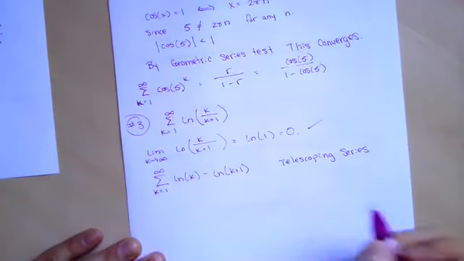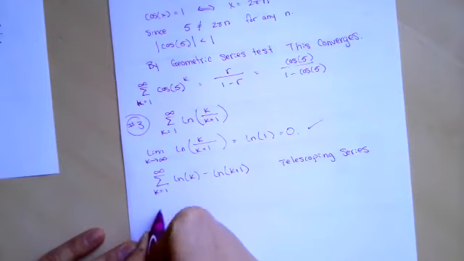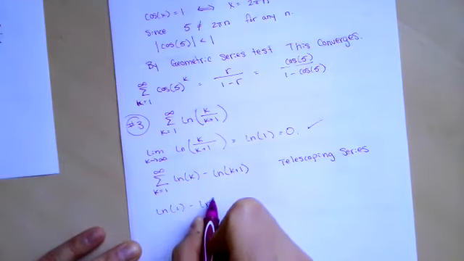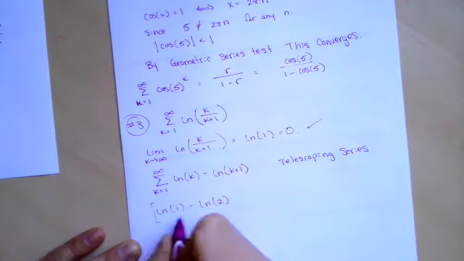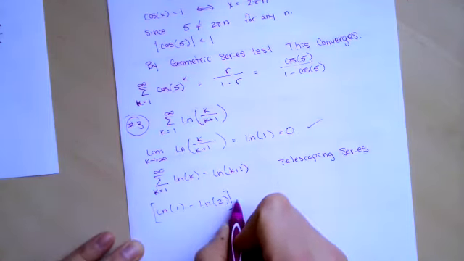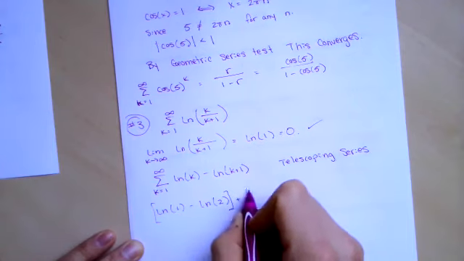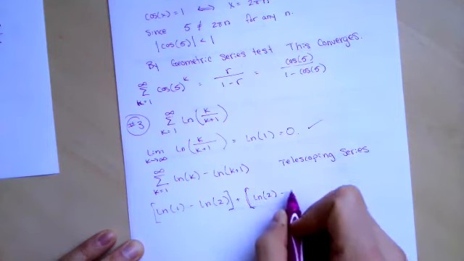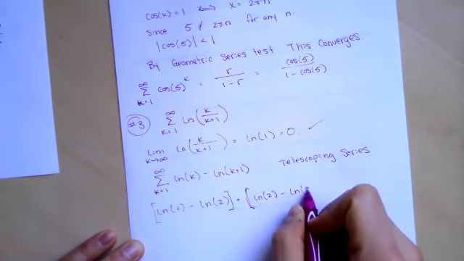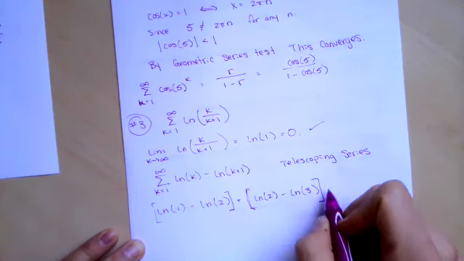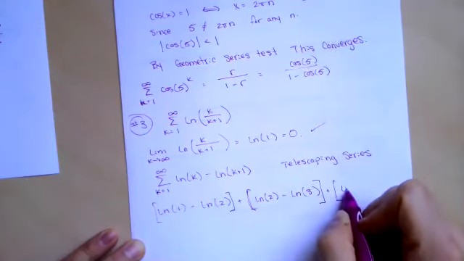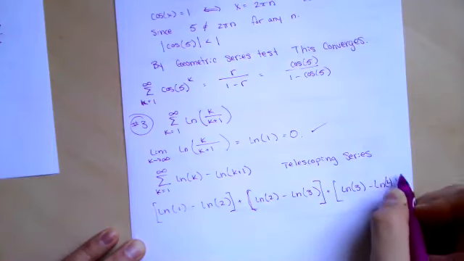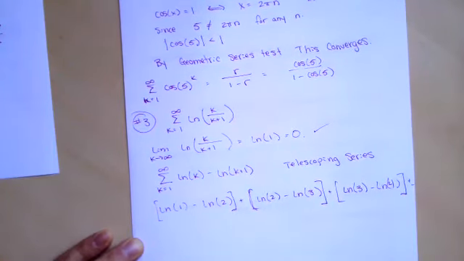So you would just want to write it out that it's going to be natural log of 1 minus natural log of 2, plus natural log of 2 minus natural log of 3, plus natural log of 3 minus natural log of 4. And it's going to keep going.